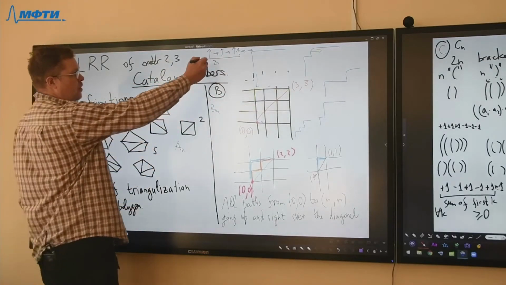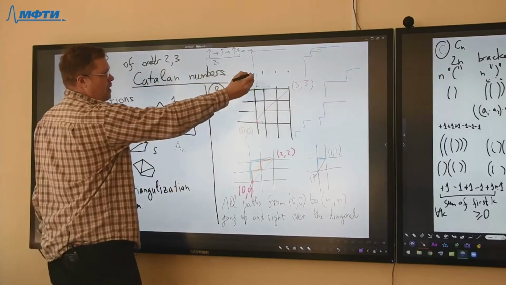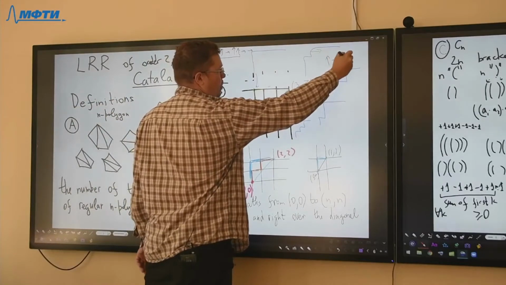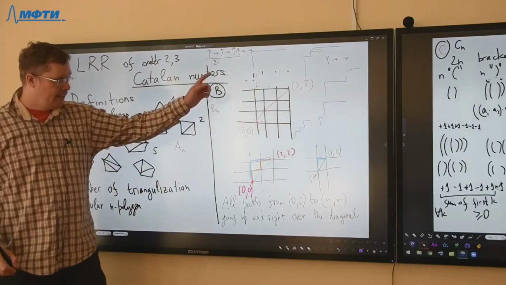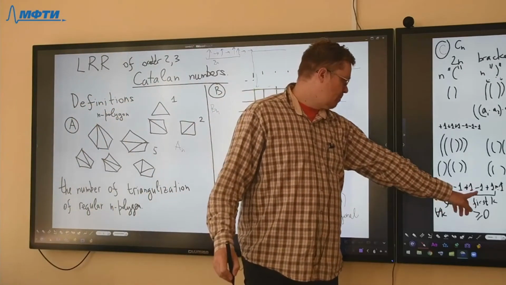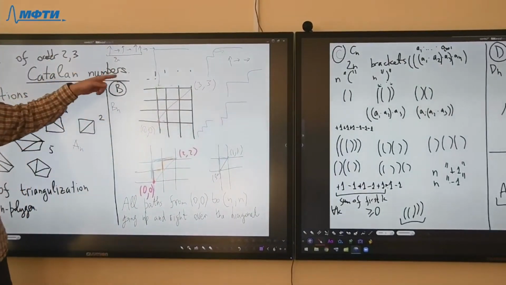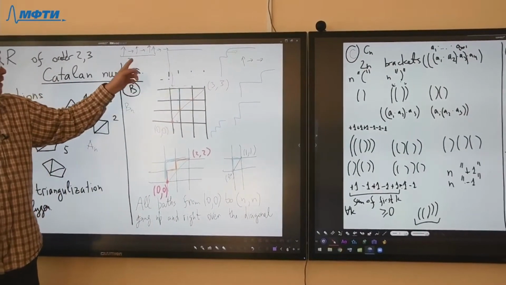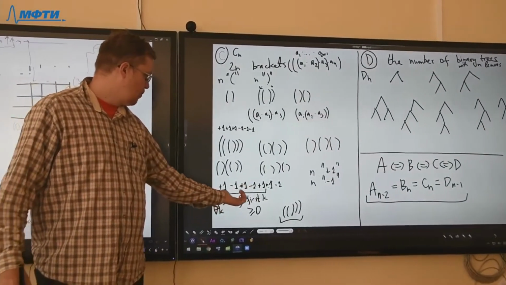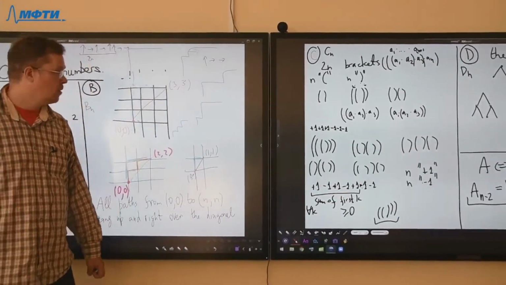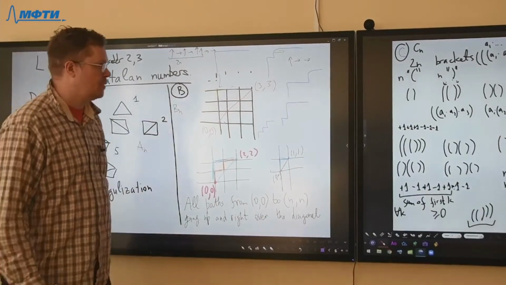So the first step must be a step up, and, for example, I cannot go up and right, because that means that I will be under the diagonal. And this is exactly the number of sequences of plus and minus ones. So I have a bijection between the paths from 0,0 to n,n and the sequences of plus and minus ones such that the sum of the first k elements is non-negative. Okay? Okay, so maybe I should write something.